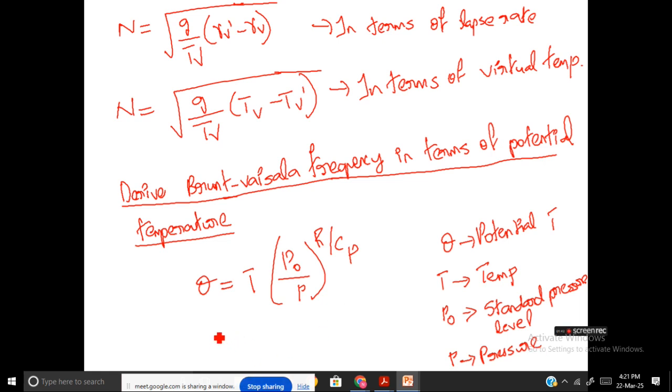Since we are considering moist air parcels, we will make everything virtual. So theta V is equal to Tv into (P0 by P), the whole raised to R by Cp.